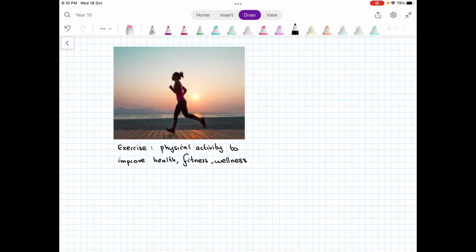And in order for this physical activity to occur, our muscles are using up energy.